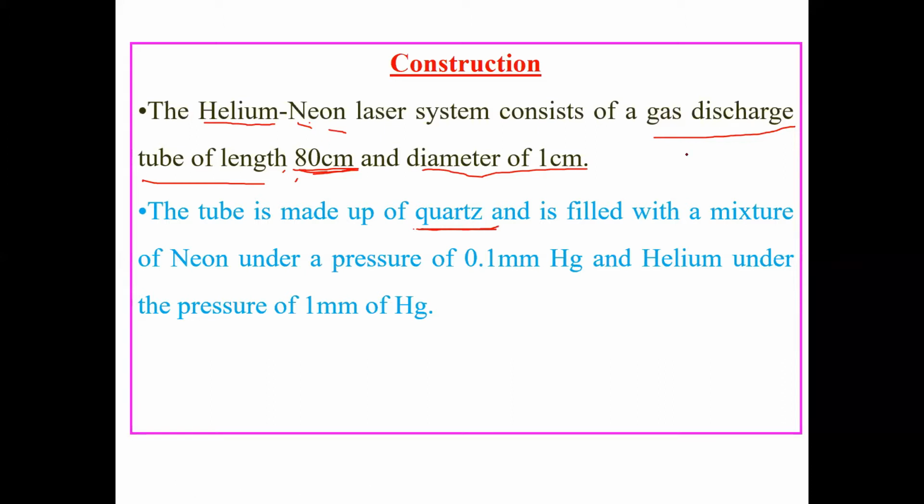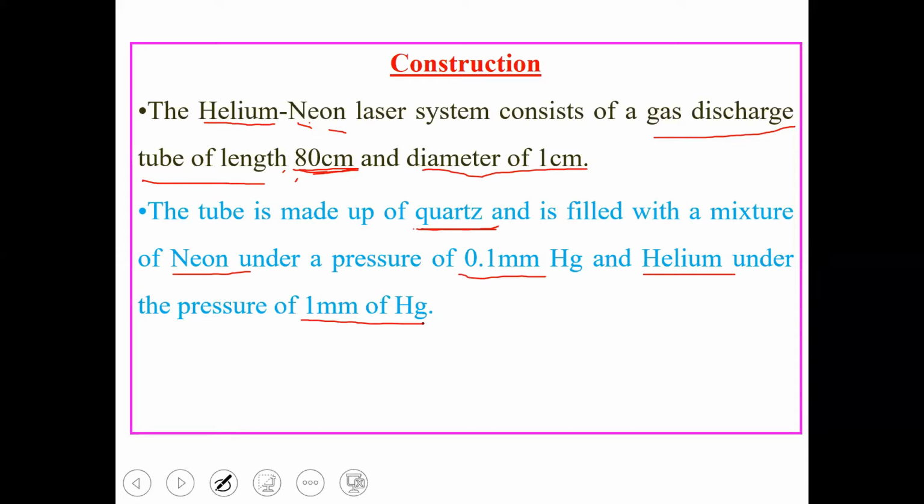The helium and neon gases are mixed at different pressures. Neon gas is filled in the tube at a pressure of 0.1 mm of Hg, and helium gas at a pressure of 1 mm of Hg. Different pressures mean different ratios of the gases.